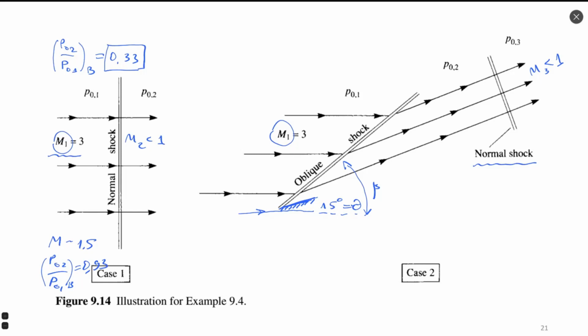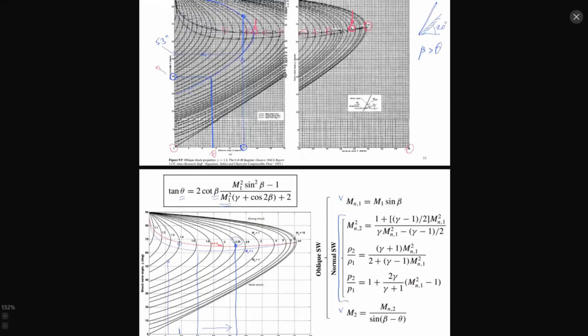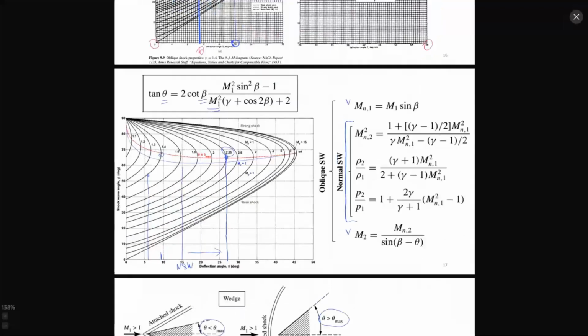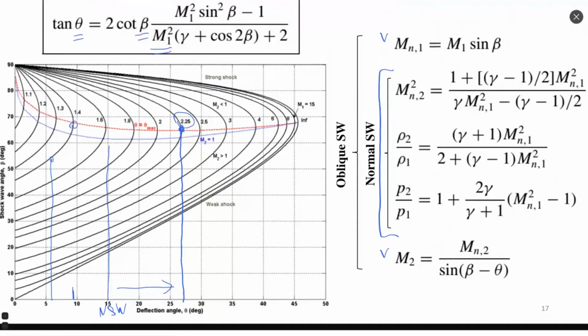So we have defined the body angle, we know Mach 1, and now according to the theta-beta-M relation, I can find my angle beta. For this, I will go back. Let's see, we have Mach 3 on this diagram. This is my Mach 3 point, and I have 15 degrees.